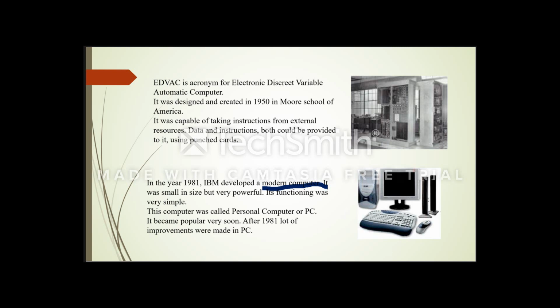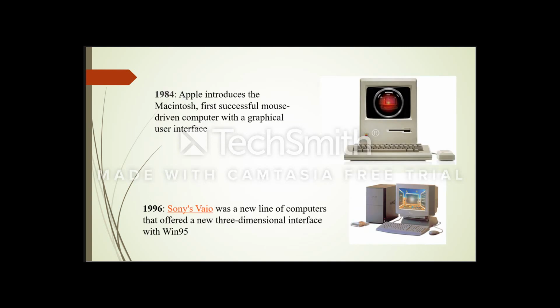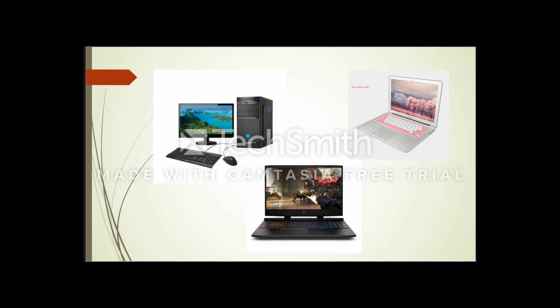It was named the personal computer because it was used in various homes, businesses, hospitals, schools, universities. Apple introduced the Macintosh in 1984, a successful mouse-driven computer with a graphical user interface, followed by Sony VAIOs, and then a whole lot of computers and machines.